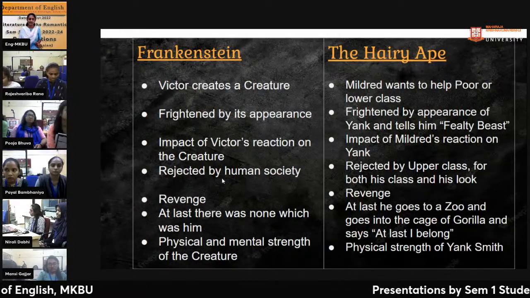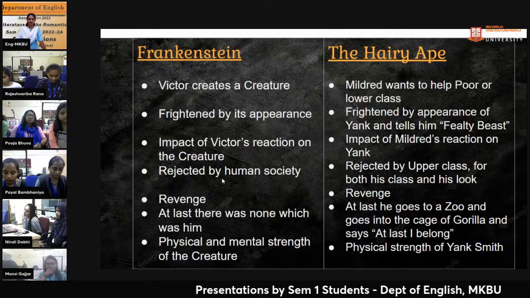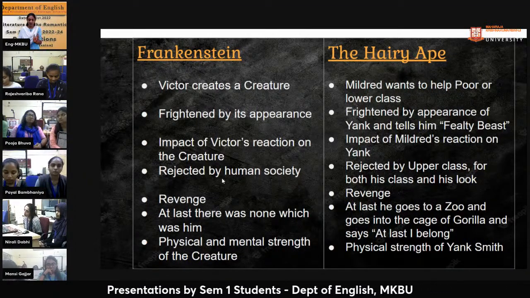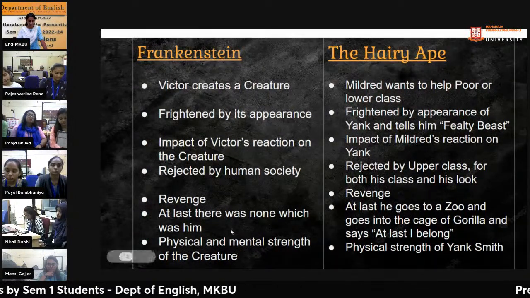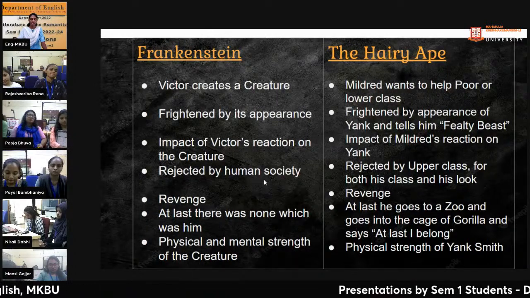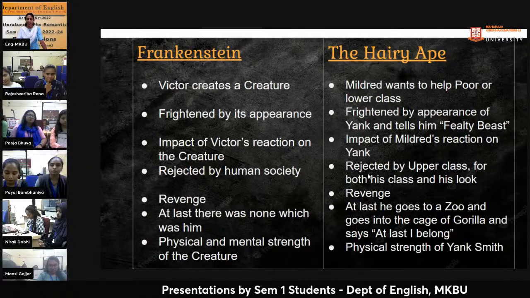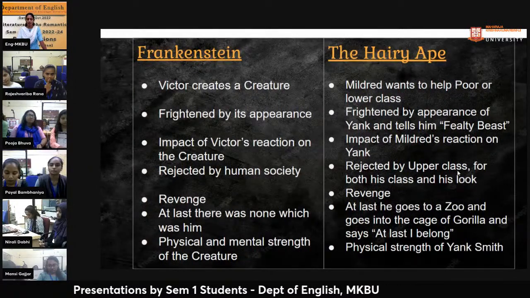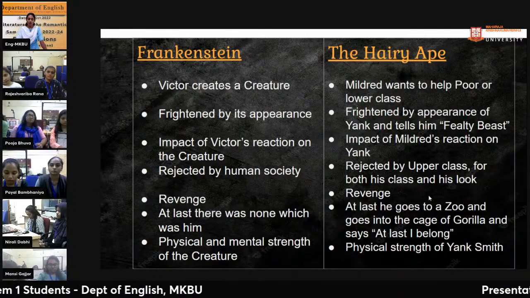Both these incidents in both the works have a deep and very bad impression on the person. So the creature is also rejected by human society in the same manner. Yank Smith is rejected by the upper class for both his class and his looks.